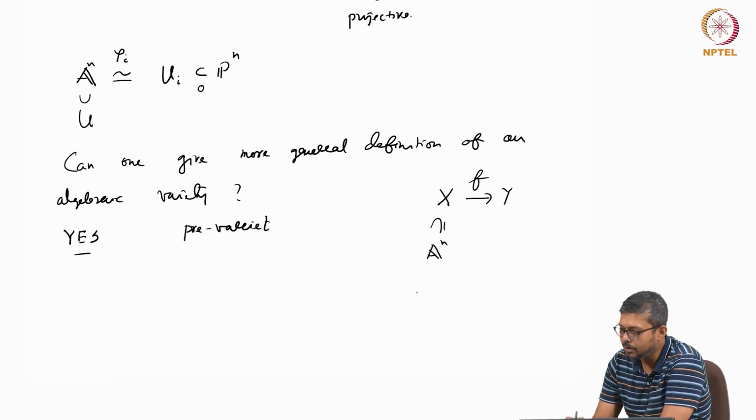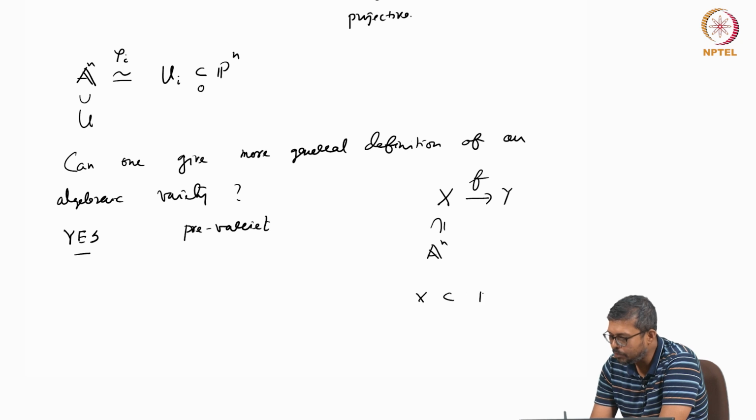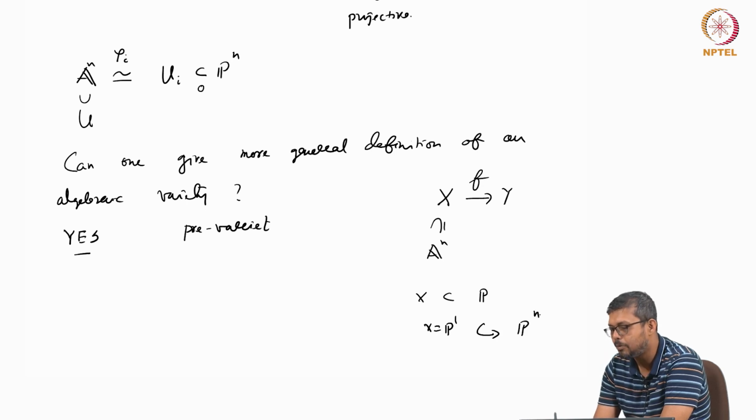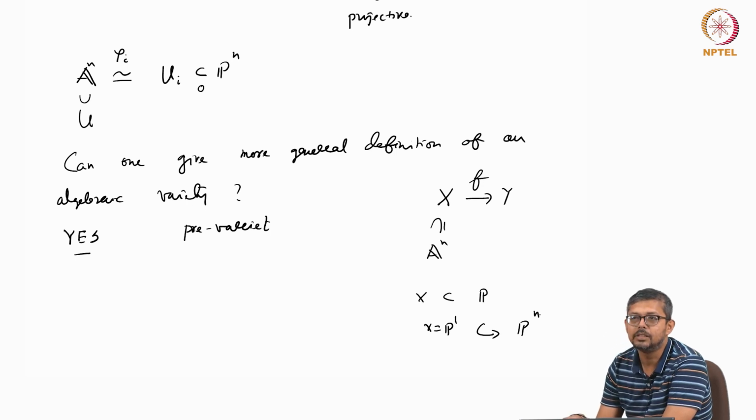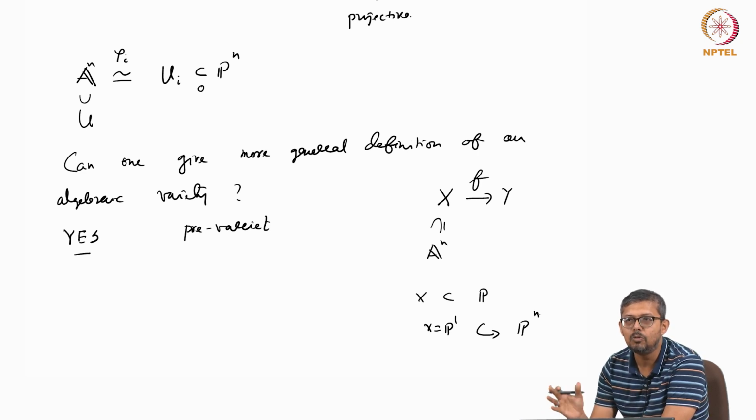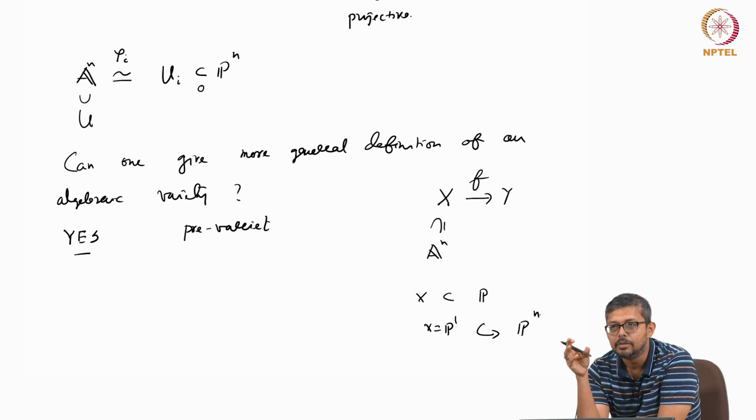Suppose X is equal to P^1, but you can embed it into some higher projective space. This P^1 and that image are in two different spaces, but they are isomorphic. So we don't want to differentiate them.